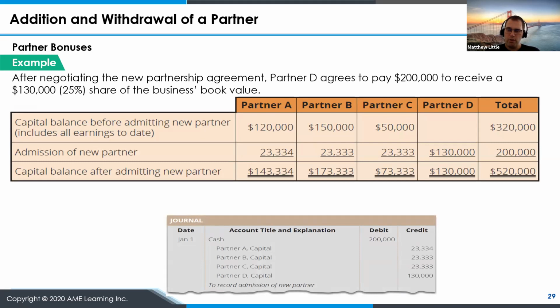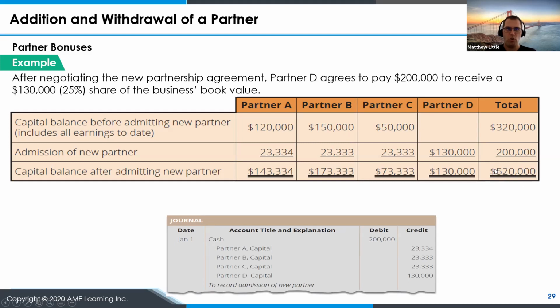So after they negotiated a new partnership agreement, partner D agrees to pay $200,000 into the business, but only for a quarter of the share of the business's book value. So what you need to do is look at, okay, if I add $200,000, our total equity in the business would go from 320 to 520.